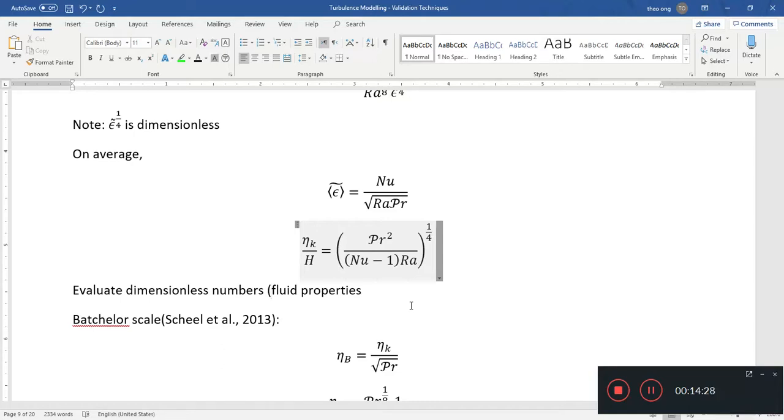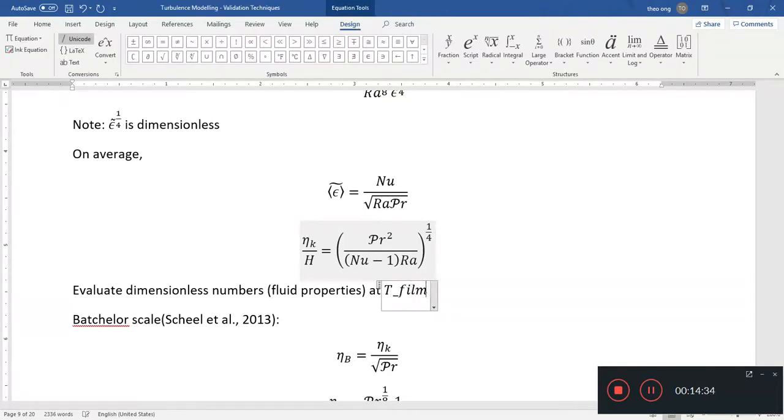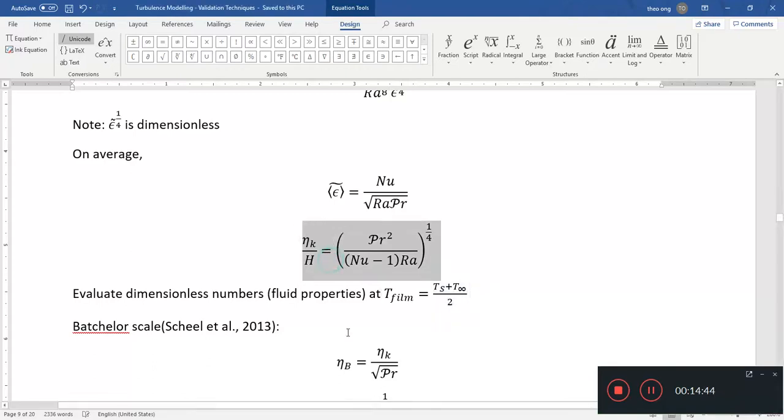So evaluate the dimensionless numbers at T film, which is equal to T surface plus T fluid, which is also called T infinity, then divided by 2. So this is at the T film. So that's your estimate of this.